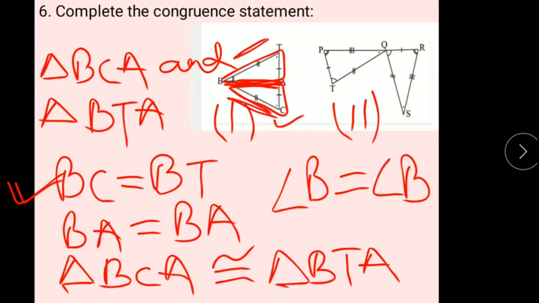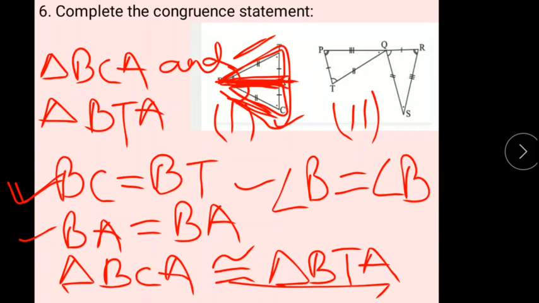Next, BA is equal to BA, common, and the third part is angle B is equal to angle B, that is your common angle. So we can say that the two triangles BCA and BTA are equal or congruent.